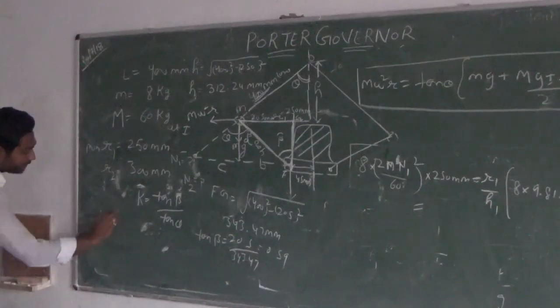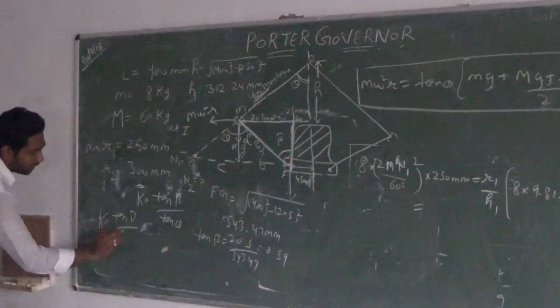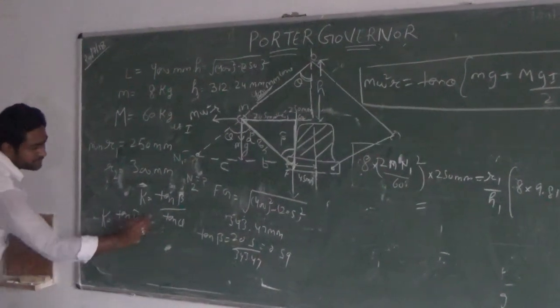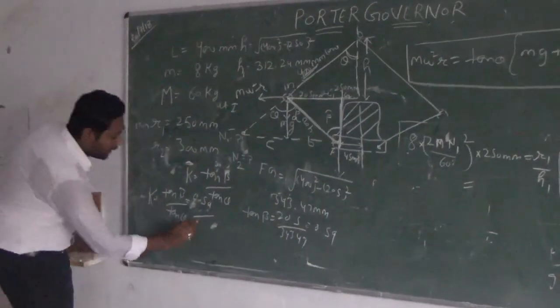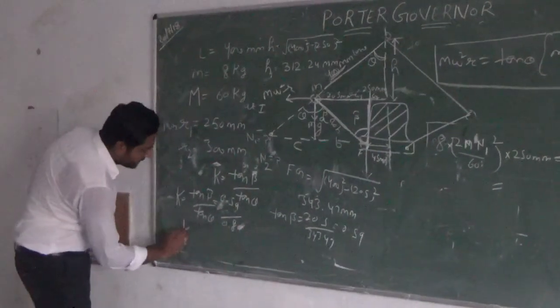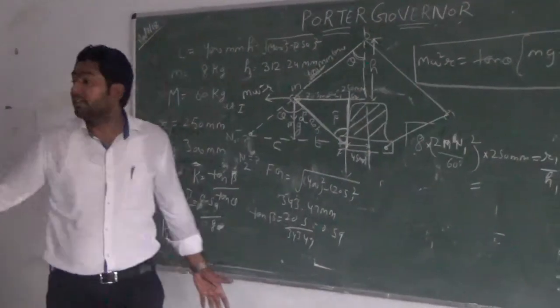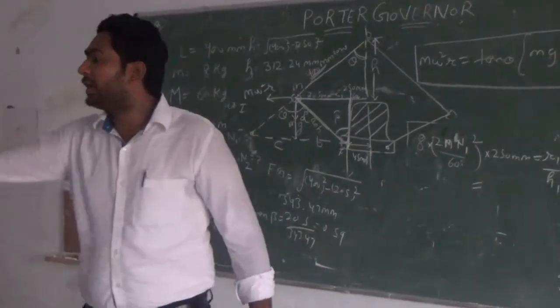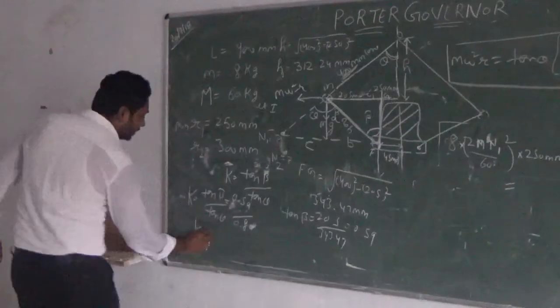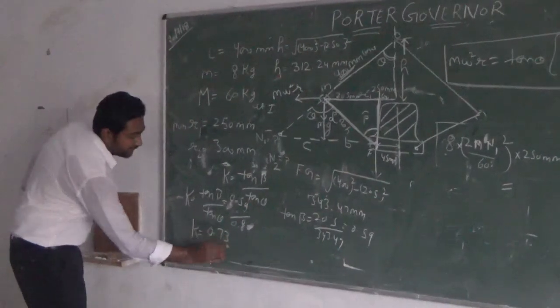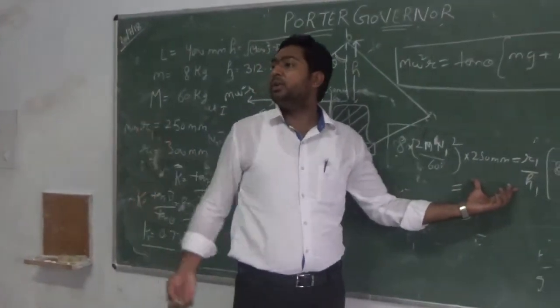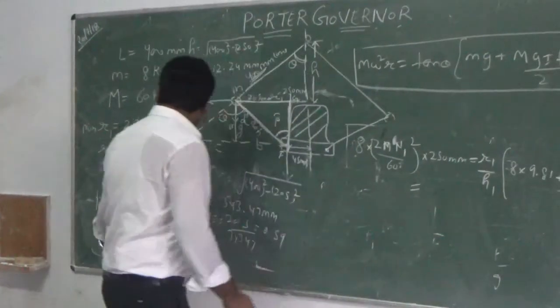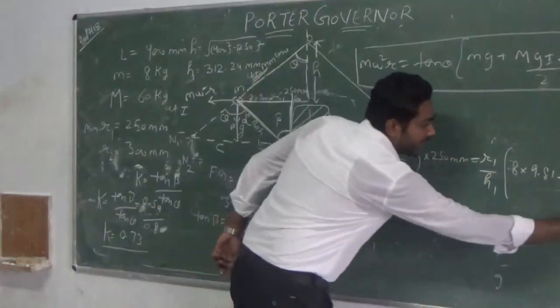So k is equal to tan beta upon tan theta, 0.59 upon 0.80. We can easily calculate the value of k. What is the value of k? 0.73. Now in this formula, we have all the values: k is 0.73.